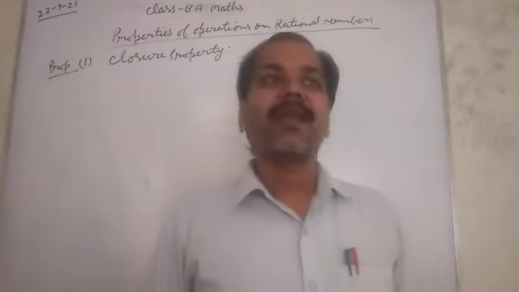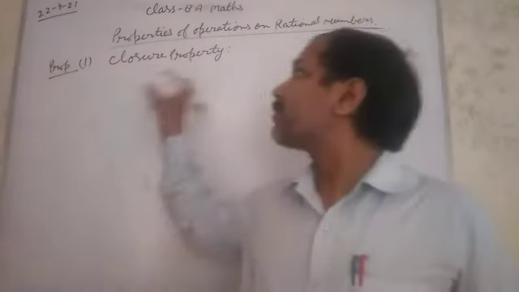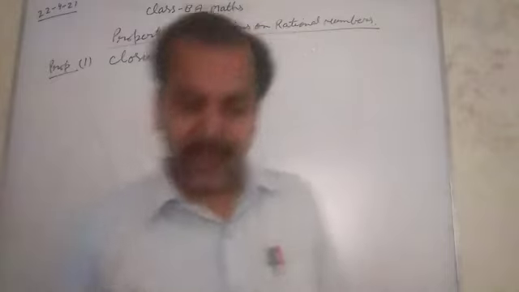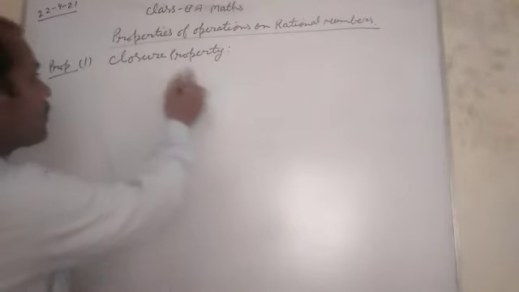So here addition, subtraction and multiplication will satisfy the closure property, but division will not satisfy closure property. So you see why division does not satisfy closure property.